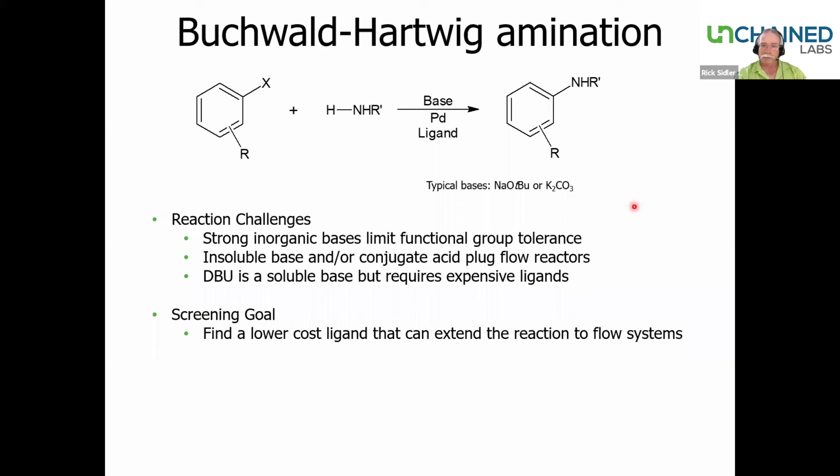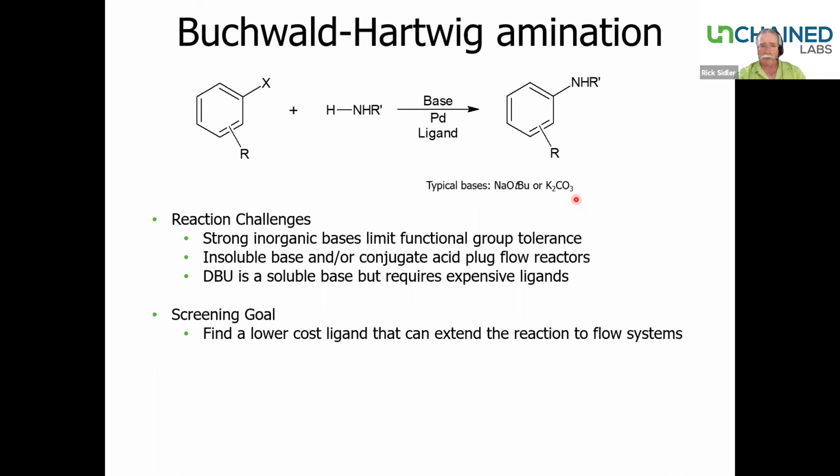Or they use insoluble inorganic bases or conjugate acids that tend to plug flow reactors when you want to do flow chemistry research. There are a few examples of soluble bases such as DBU being used, but these required expensive ligands to get them to perform well. So in this publication, they were looking at finding lower cost ligands that could extend the use of soluble bases such as DBU to flow reactor systems.